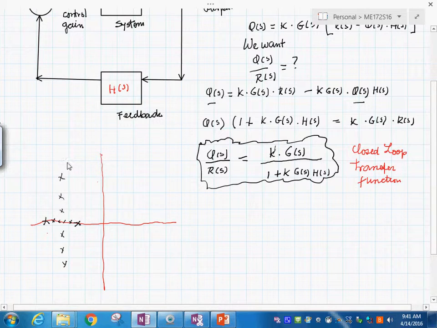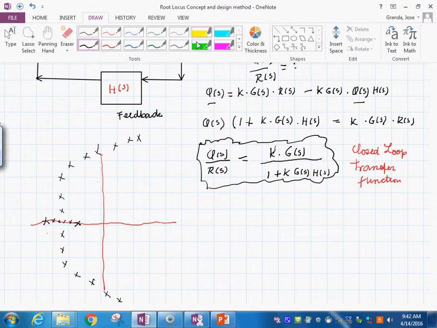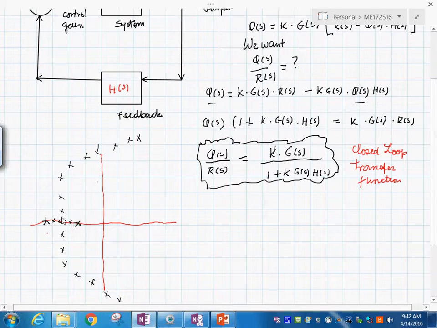Or maybe they begin going like this. Remember, K is changing all the time. And then maybe goes like that. This is a situation where every time that I have a value of K, I have one of these numbers. So the path, the plot of those, let me put the green color.